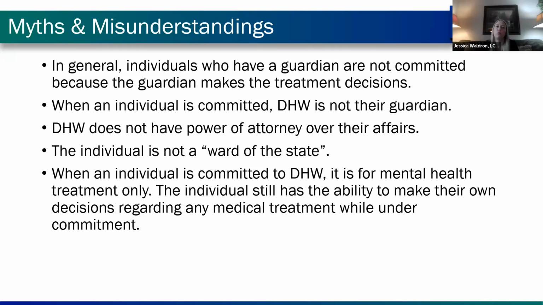If an individual has a guardian, we would have to not only present information to the court as to why the individual needs treatment, but we would also have to present information as to why the guardian is incapable of making those treatment decisions. Most of the time with individuals with guardians, the guardian is a responsible person who makes those treatment decisions for them when necessary. So that's not something that we see that often.